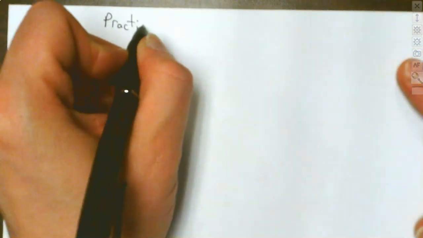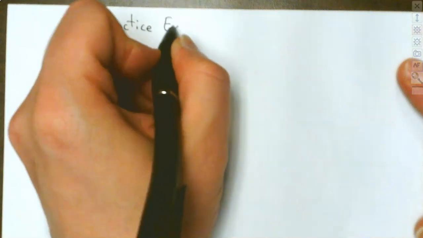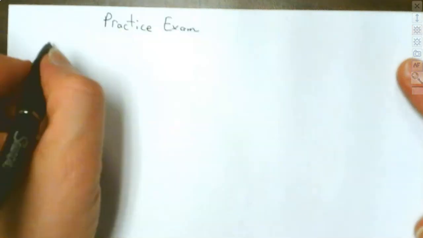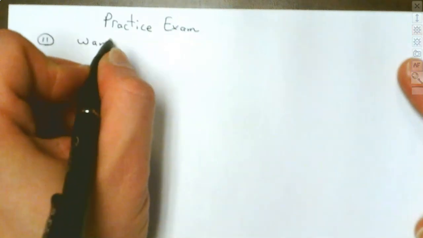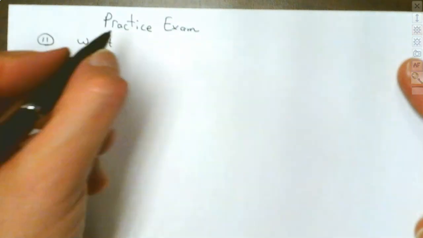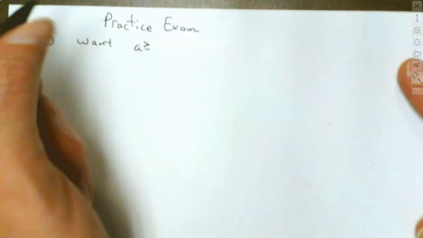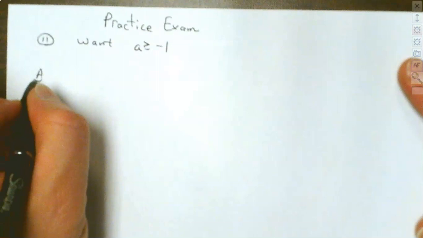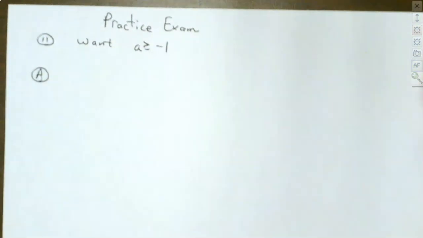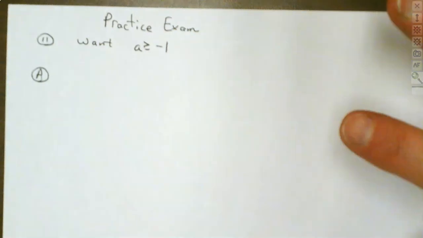We're going to look at question 11, again, on your practice exam. We want a greater than or equal to a negative 1. So we're going to go through our 4 choices, and we're going to see which one is correct.